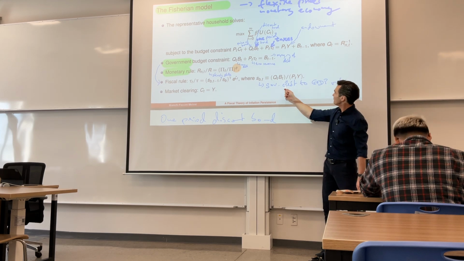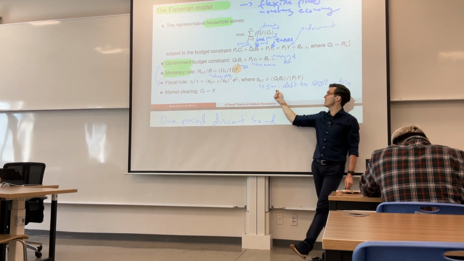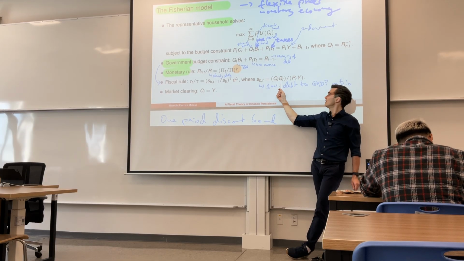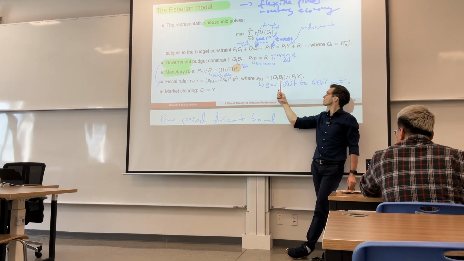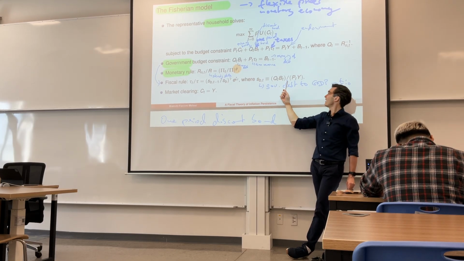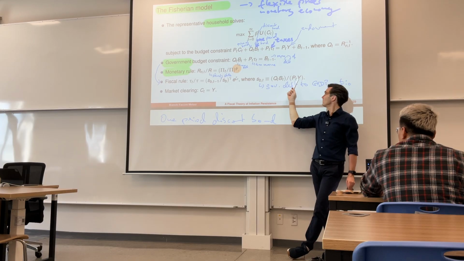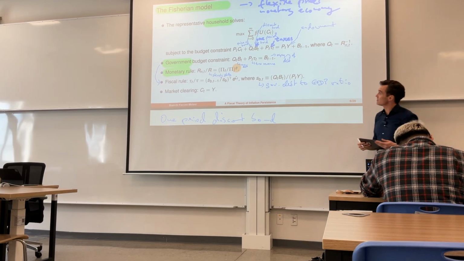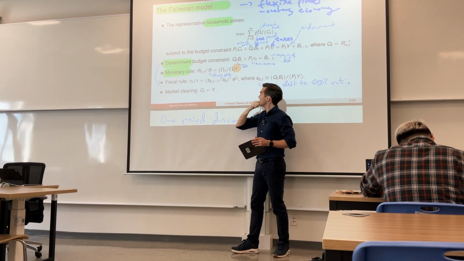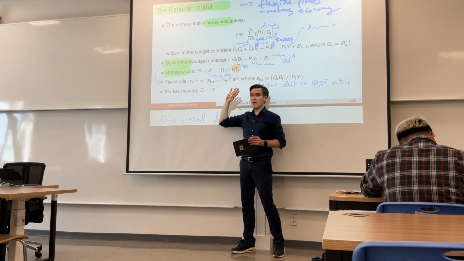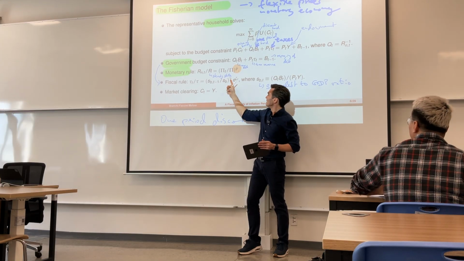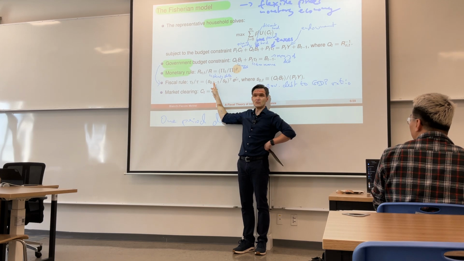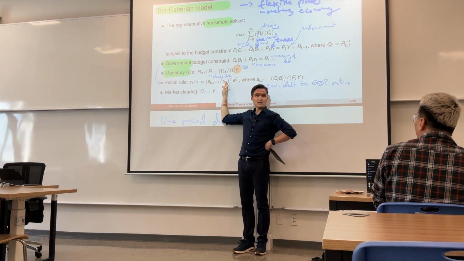It's the nominal value of government debt. That's what is being paid in this period. And given that this is the only type of debt that is outstanding, right? We don't have these long maturities. And this is the nominal value of government debt divided by the nominal value of GDP. And then what this fiscal rule says is that the government, depending on a crucial parameter gamma, is trying to stabilize the government debt to GDP ratio relative to its steady state.